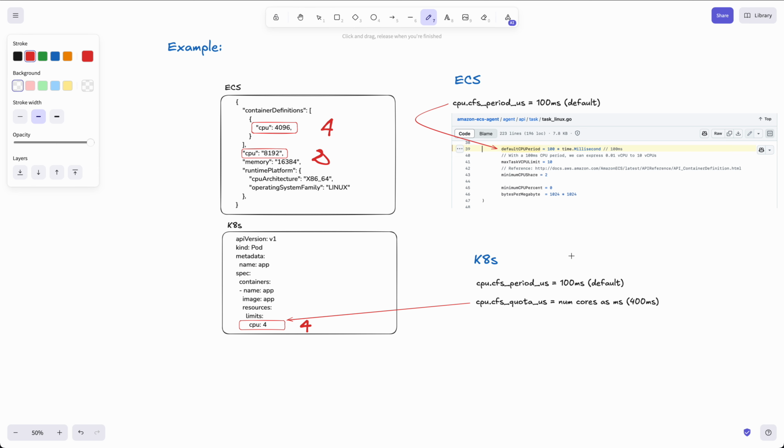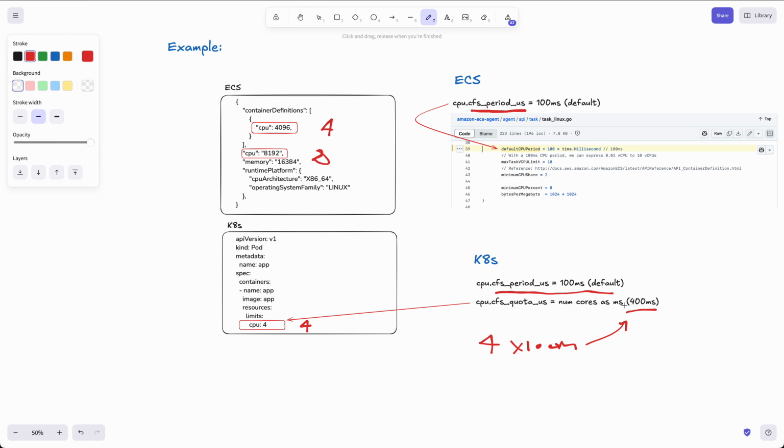So some of those cgroup properties that I mentioned earlier, one of them here, the CFS period, you can see the ECS agent sets this to 100 milliseconds. In Kubernetes, this is also set to 100 milliseconds, and the CFS quota, which is the amount of CPU time a particular resource can use per period, is set to 400 milliseconds, which is the number of CPUs we have, times 100 milliseconds, which equates to 400 milliseconds.